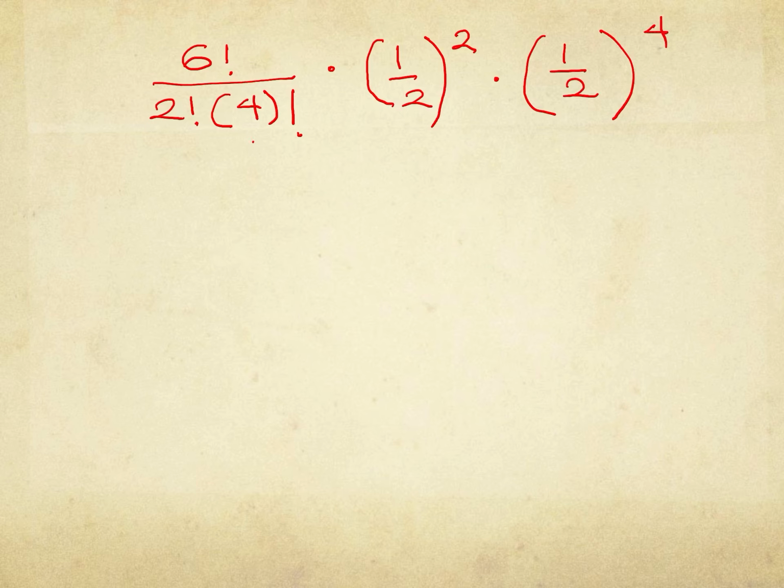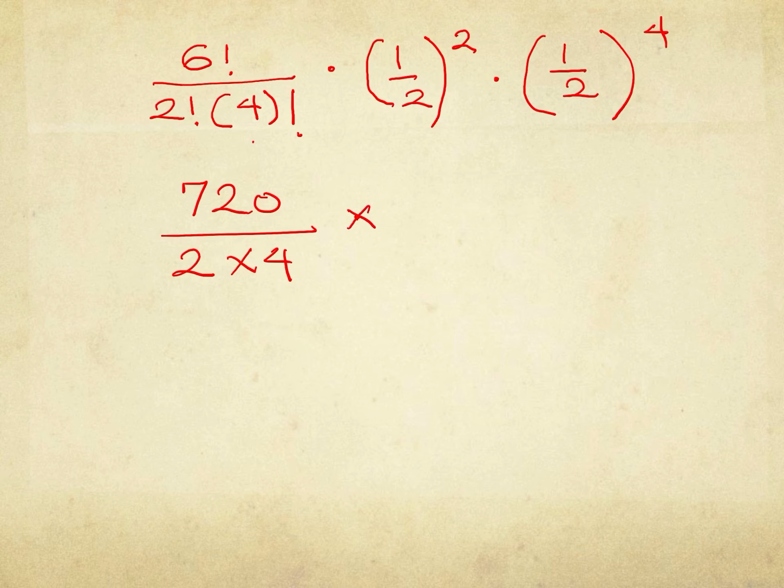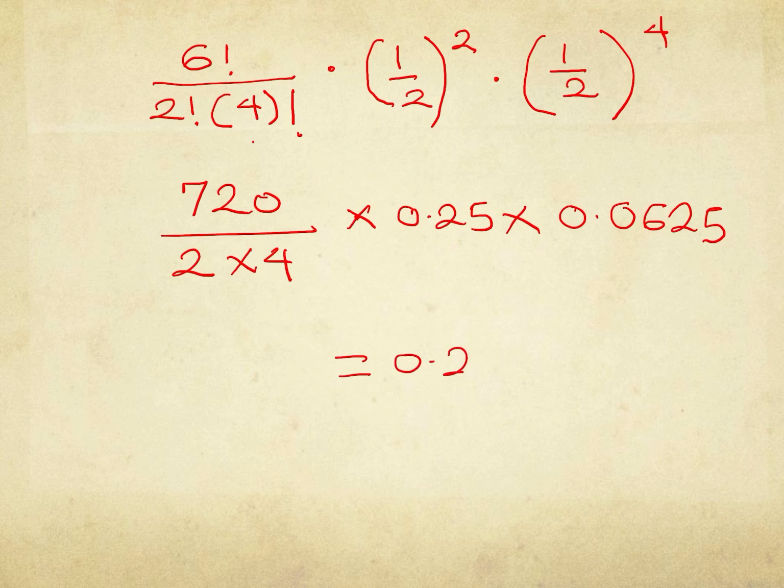Which is 4. If we punch this in the calculator, 6 factorial should give us 720, and then 2 factorial is 2, and 4 factorial is 24. Multiplied by half raised to power 2, which is 0.25, and half raised to power 4, which is 0.0625. If you calculate that, it should give us 0.23.